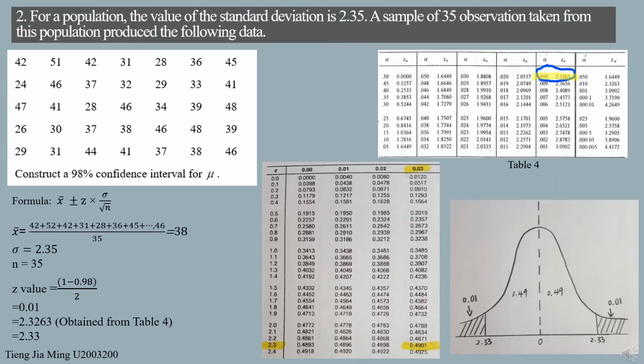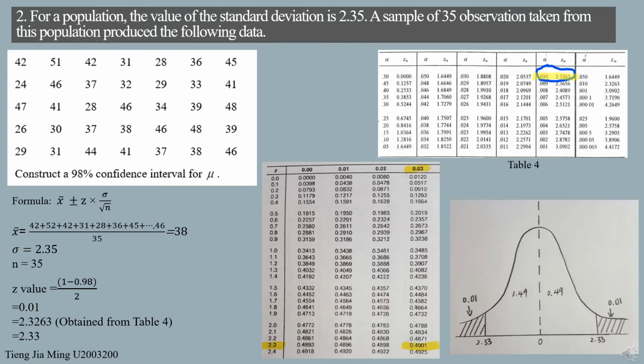Question 2. For a population, the value of the standard deviation is 2.35. A sample of 35 observations taken from this population produced the following data. Question: construct a 98% confidence interval for the mean. The formula is mean plus minus z value times standard deviation divided by square root n.